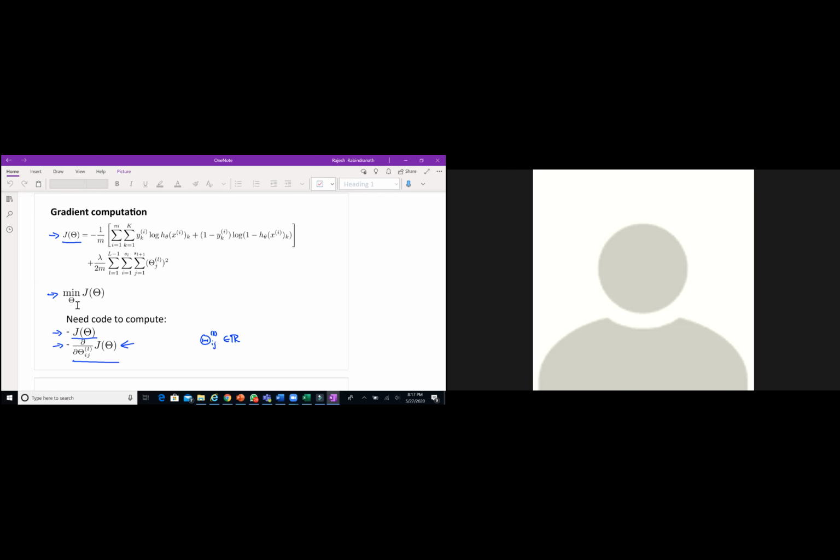And here the problem is the parameter is not a scalar. In the case of simple logistic regression, it was a vector, right? Because if there was x1, x2, x3, the parameters were theta 1, theta 2, theta 3. And typically the bias unit or base unit was x0.